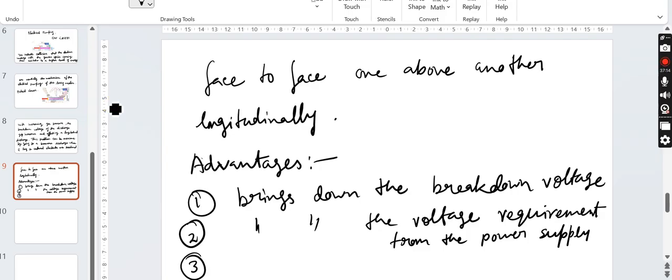And three, the discharge encompasses a significant volume of the available gas.